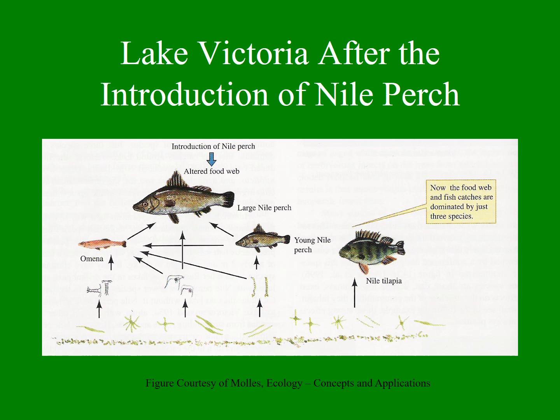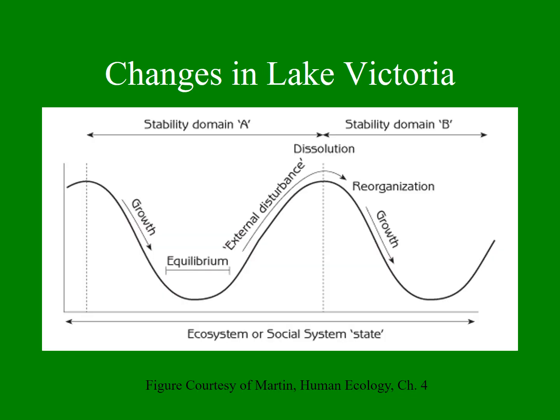Large Nile perch eat omena, mysid shrimp, and they are also cannibalistic, so they'll eat the young Nile perch as well. If it fits in their mouth, they're going to eat it. So this has greatly simplified the food chain to just 3 dominant species. So if we look at this in terms of our stability domains, you have stability domain A and stability domain B.